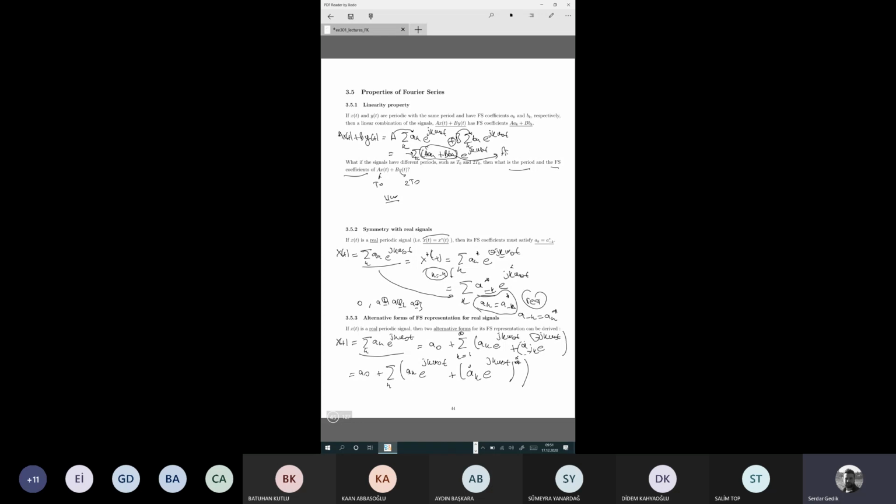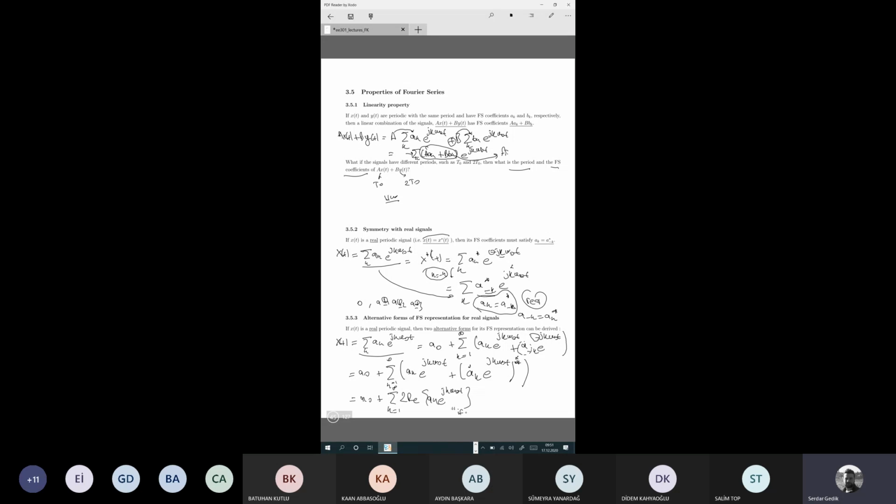I know that if you sum a complex number and its conjugate, you have 2 times the real part. So it is equal to a0 plus summation k from 1 to infinity, 2 times real of ak e to the power j k omega 0 t.